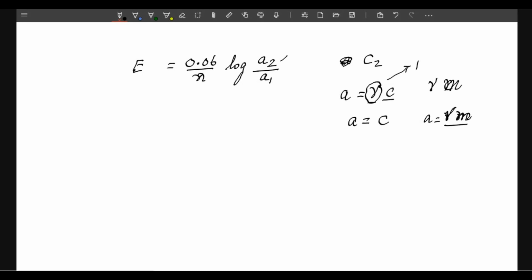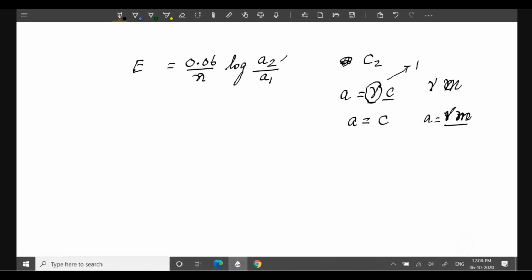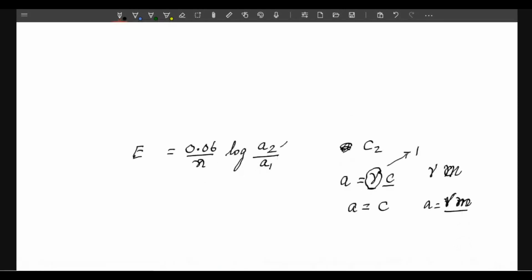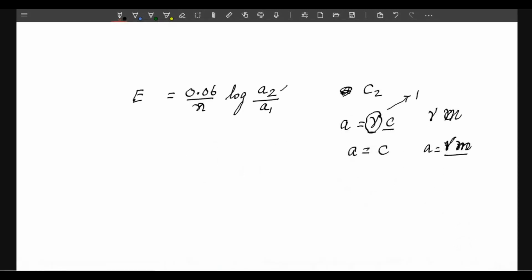If activity is directly given, substitute activity. If concentration is given, substitute the concentration in the place of activity. If activity coefficient and molalities are separately given, multiply them, and it becomes activity. These are the three ways the question paper setters will confuse you.